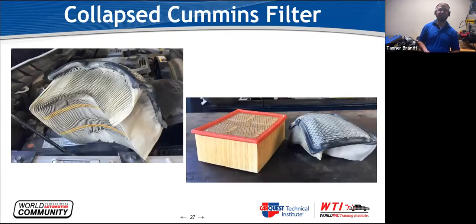But what's interesting, this is on another Cummins, that's a stock air filter, and this was also on a stock truck. You can see it's dirty, but it doesn't look really dirty, or at least not at first glance. As that gets sucked in, you can see it starts to collapse that filter, and in comparison to the new one, all it took was some silt.